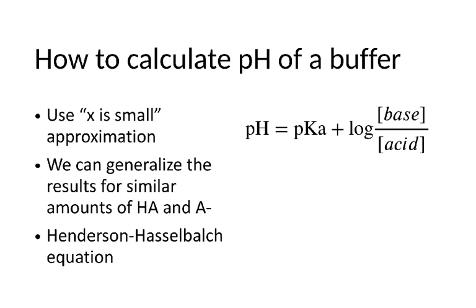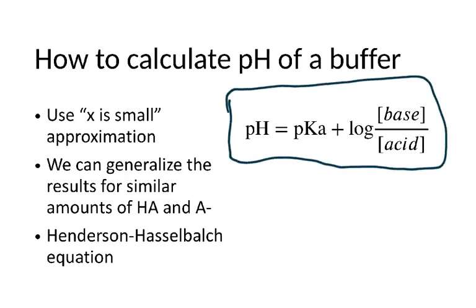All right, if you can use the x is small approximation for a situation, you can generalize the situation for a buffer into this equation here, which is called the Henderson-Hasselbalch equation. The Henderson-Hasselbalch equation works when you have significant amounts of a weak acid and its conjugate base.